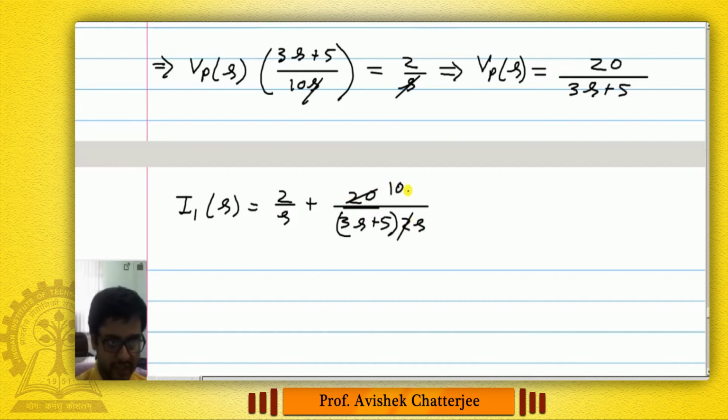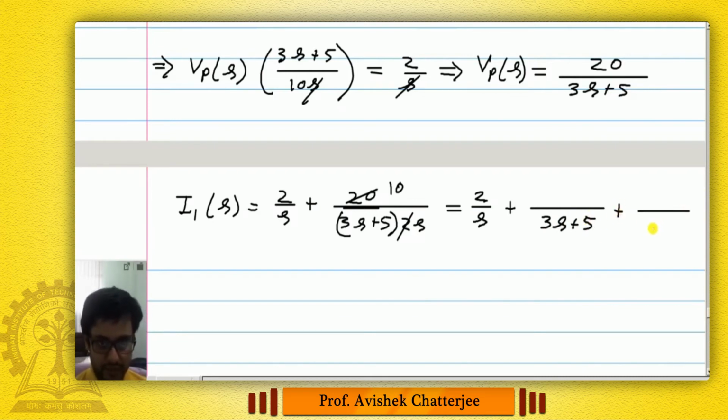220 becomes 10. Now this I will try to write using partial fractions. So 2 by S as it is, and plus I will write something divided by 3S plus 5, plus something divided by S. The numerator should be 10.